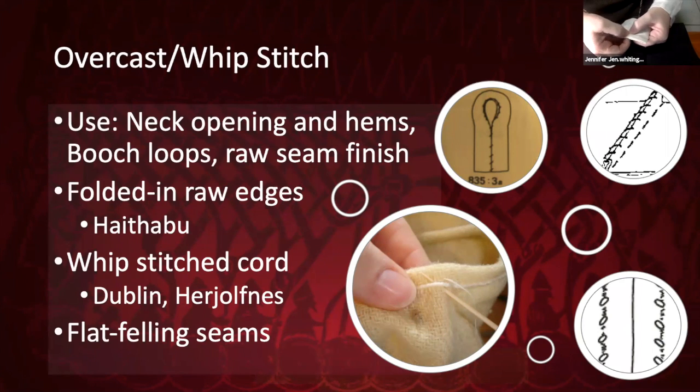Just take some scissors and cut it so that you can get to your edges again so that you can splay these out. So what you're going to do with the flat felled is lay your two sides of your fabric open, and you're going to press open where you have your seam. So you can see my little black seam running down through there. It's just flat on the outside like that.